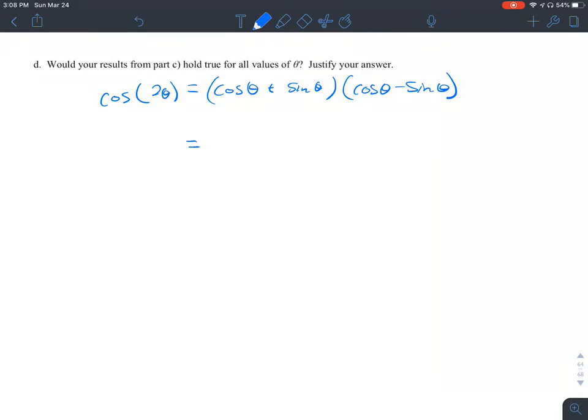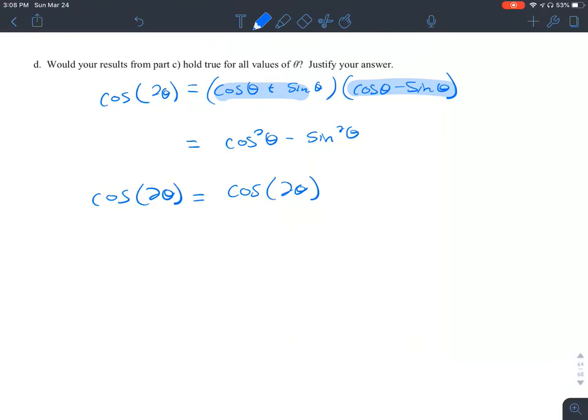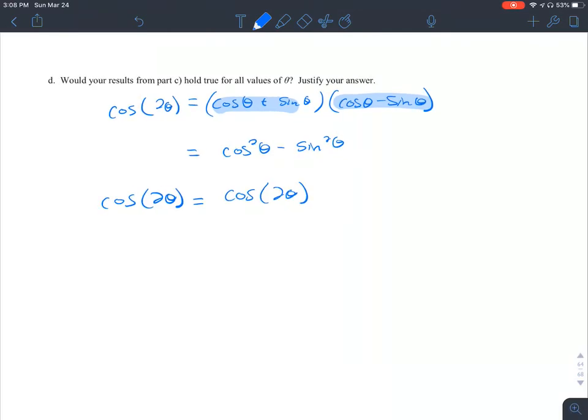We are multiplying 2 conjugates. If you multiply 2 conjugates, you get the first term squared minus the second term squared. I recognize that cosine squared of theta minus sine squared of theta is cosine of 2 theta. So to answer the question, would your results hold true for all values of theta? Yes.